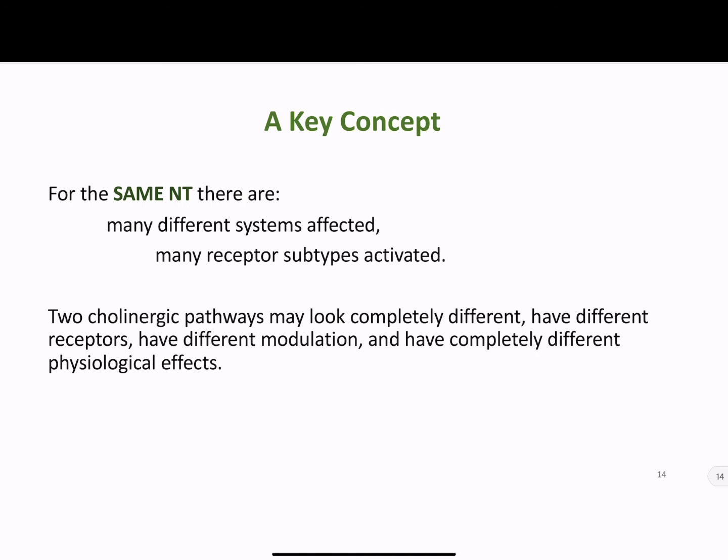So if we're talking about a pathway for dopaminergic control of motor systems, and I say, oh, here are receptors that modulate this presynaptically and change the dopamine release, and these are the things that happen postsynaptically with these D2 receptors, and then I move and talk about a whole completely different system that has dopamine receptors like the GI system, you're not going to have the same things modulating it.